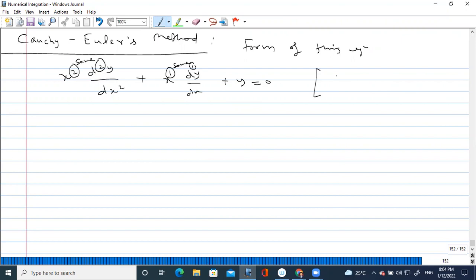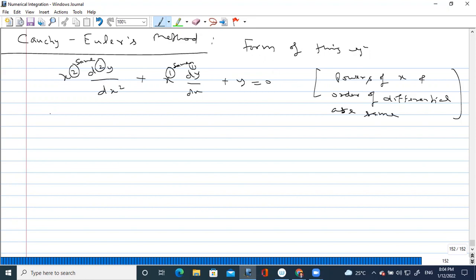You can write here: powers of x and order of differential are the same. So this is the recognition of them.